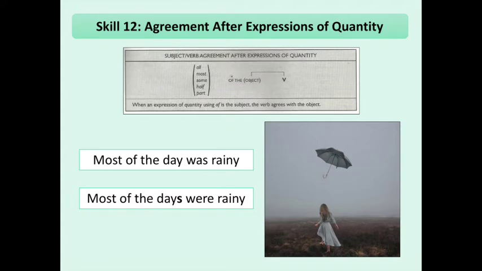Most of the day was rainy. Here's the expression of quantity, most, and then we see of the and day. Day is singular, so our verb is was. In the second sentence, most of the days were rainy.